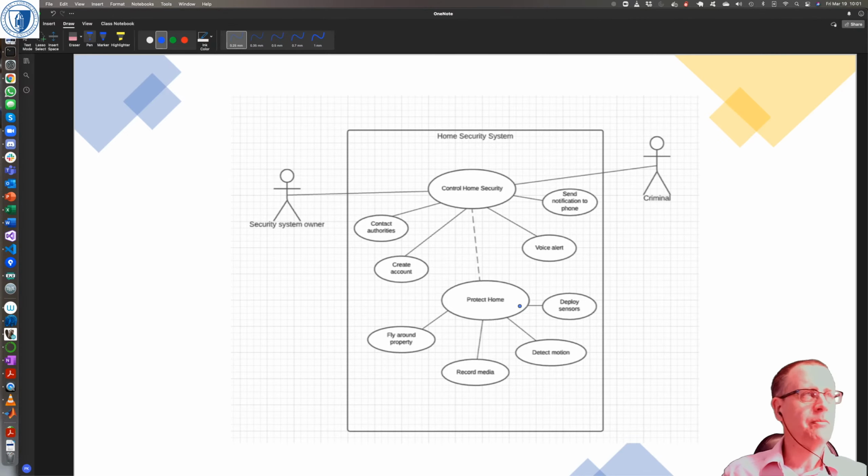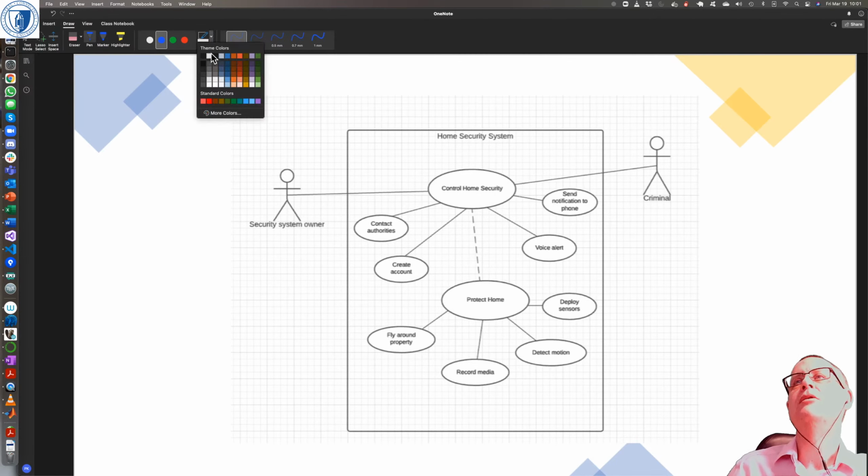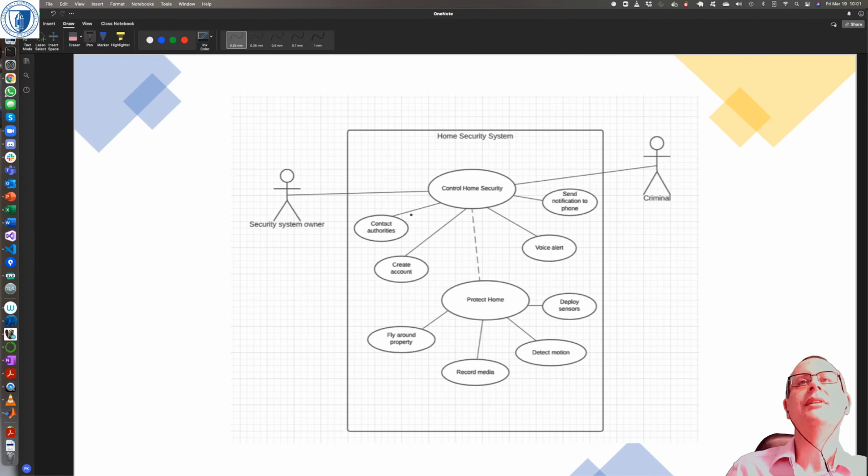I then look down at one of the sub use cases, and I didn't tell you this, so no problem. This is actually a good way to do stuff. The formal way to do it is this connection between a major use case and a smaller use case like contact authorities is often drawn with a dashed line, and actually this is one case where you do use an arrow, and then because contact authorities might be used in lots of other places, you just call this relationship an includes relationship.